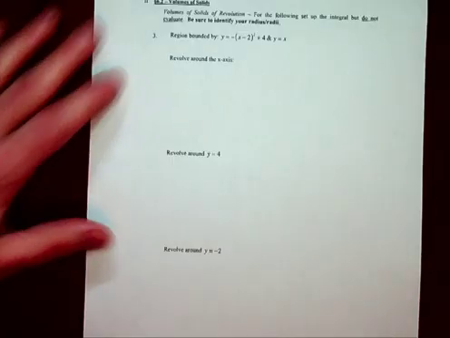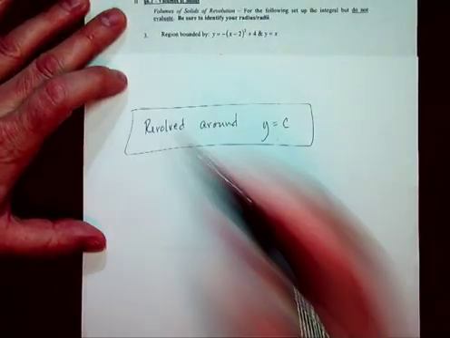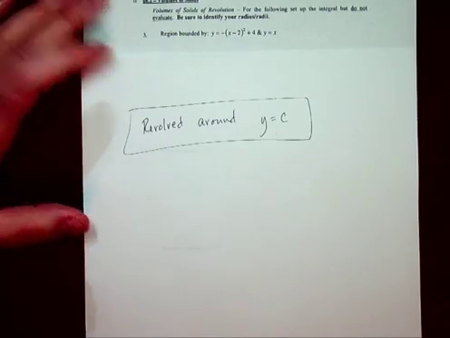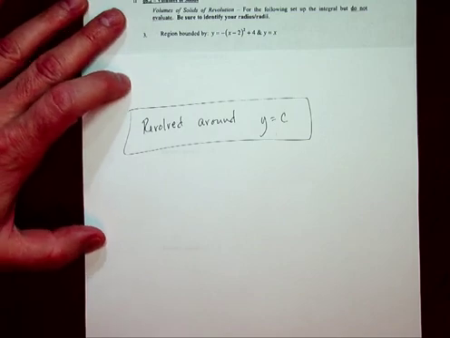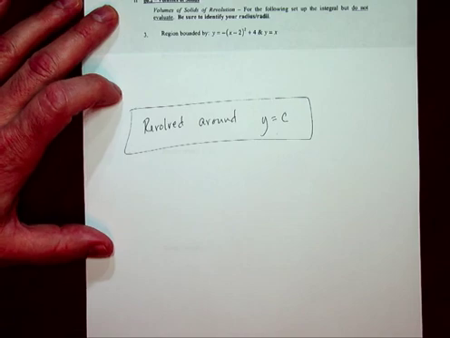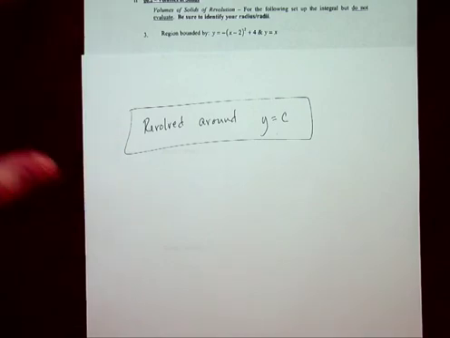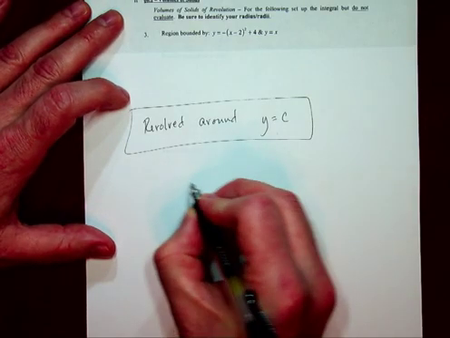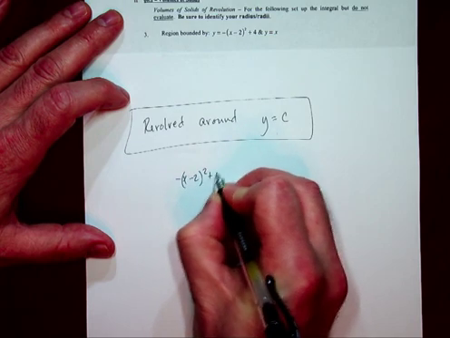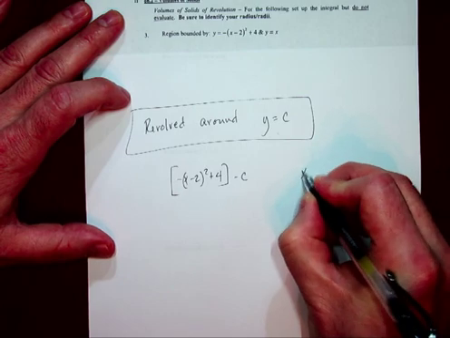I'll go ahead and put the functions back up here. It's revolved around some y is equal to c, as long as it doesn't cut through the region, which makes things a little more complicated, and we're not going to do problems like that. If it doesn't cut through the region, if it is either above or below the region, then you simply have to determine which one it is. So basically one of your radii is going to be negative x minus 2 squared plus 4 minus c, and the other radius is just going to be x minus c.